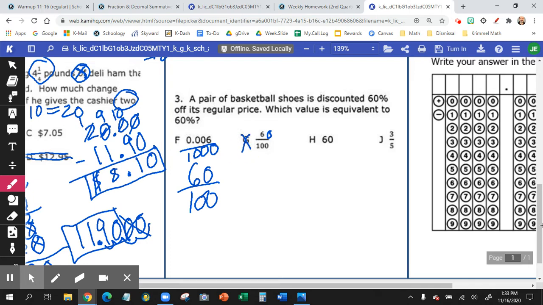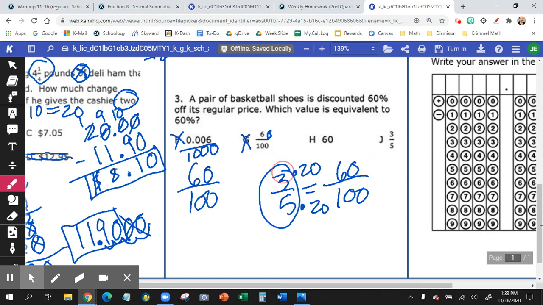So it's not that. And then 6 out of 1,000, it's not that. So if we take 3/5 and then we compare that to 100, 5 times 20 is 100, 3 times 20 is 60. So that fraction does check out.